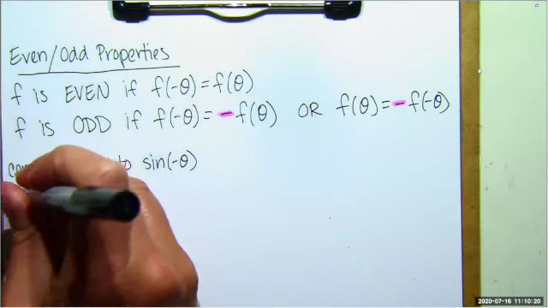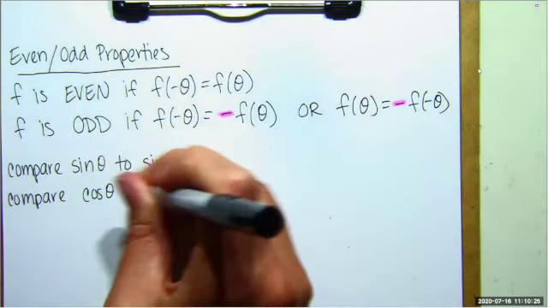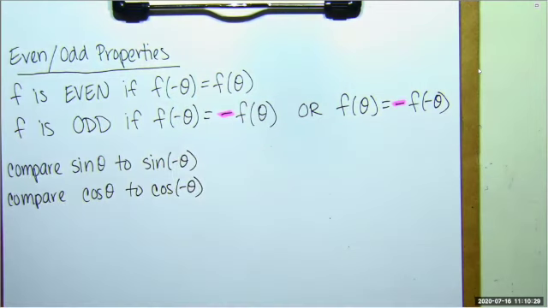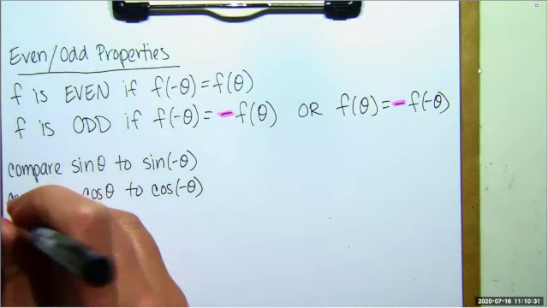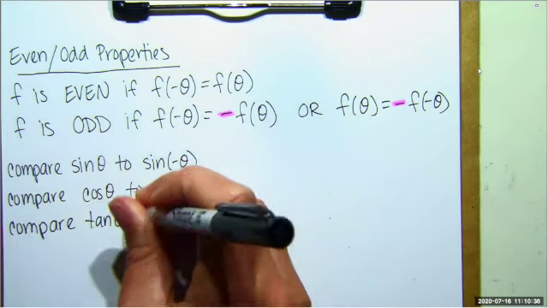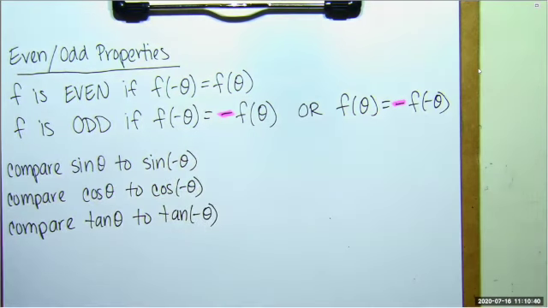We will compare cosine of theta to cosine of negative theta and see what happens. Do we get the same value or opposite sign value? Then we'll do it for tangent, and we'll come up with whether they're even or odd. Now remember the reciprocal functions, secant, cosecant, and cotangent, have the same behavior as the original function. So that means if sine is even or odd, then cosecant would be the same.